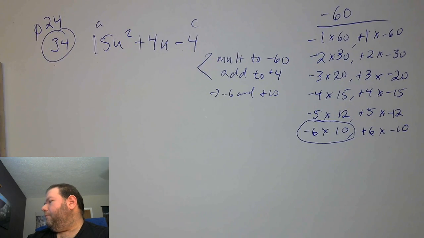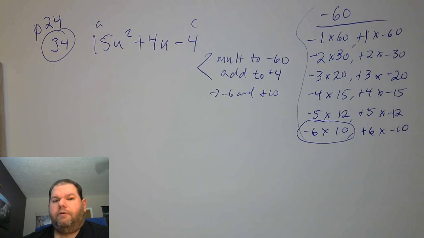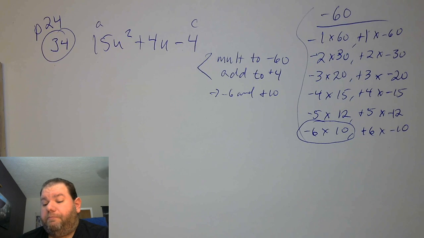All right. Now, you don't have to write all this stuff down. It's one way we can proceed if we're just not sure of what we're looking at. It's one way that we can just compare our different options and see which one actually adds up to 4 like we needed to.